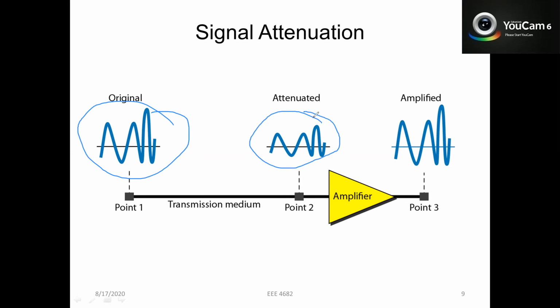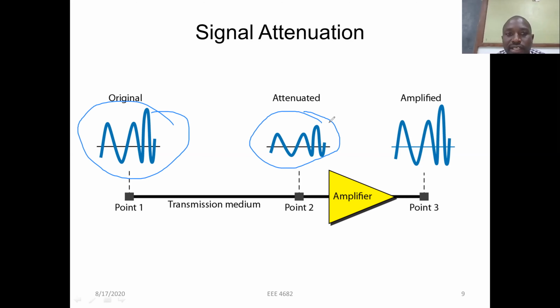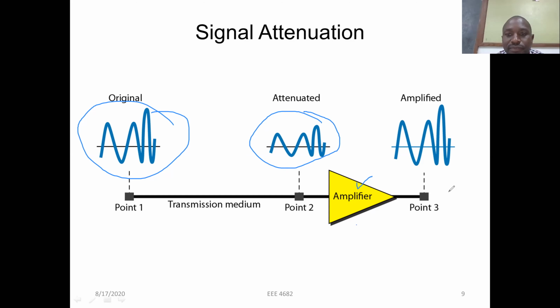And in order to regenerate and increase it, we can actually pass the signal via some amplifier or a repeater. And then at point 3 here, you get the signal as good as it was at the original. So basically, that's how the process of attenuation looks.